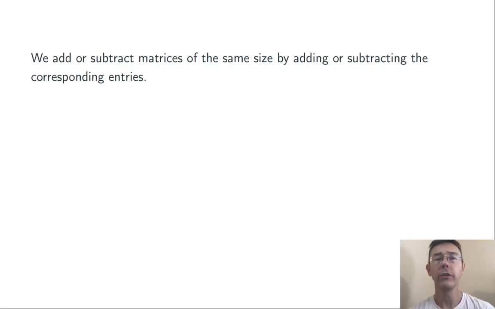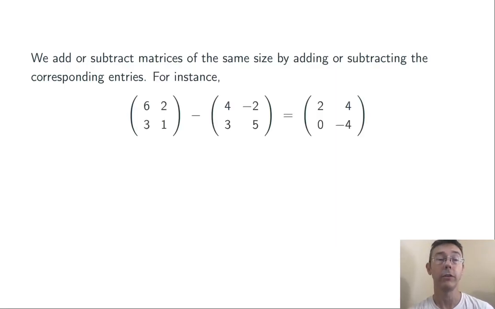We can do addition and subtraction of matrices, but only when they have the same dimensions. And in that case, we just add and subtract the corresponding entries. Here's an example of what I'm talking about. For example, I'm going to get that 2, the first row in the first column of the result, by taking the corresponding entries 6 and 4 and subtracting them on the left-hand side.